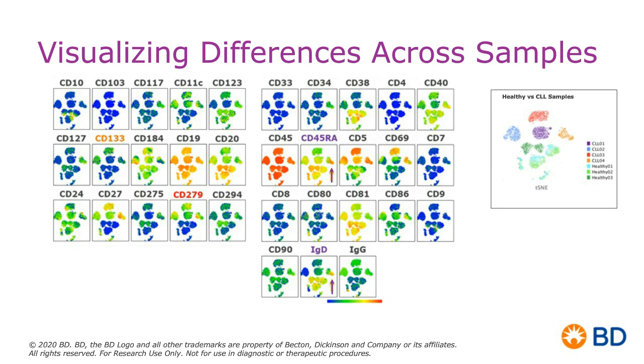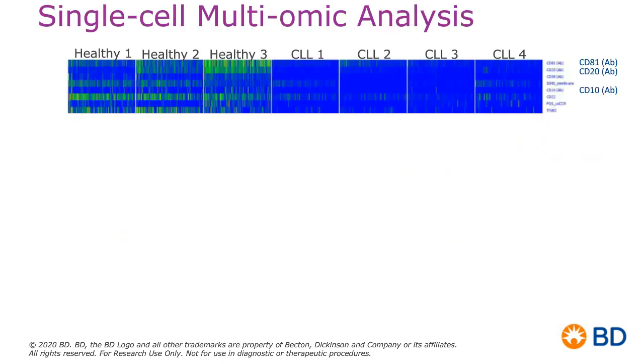And of course, I can take this even deeper by looking at a single-cell heat map, where I'm combining both mRNA and proteins, or AB oligos. I can ask the question, what makes healthy samples different from CLL?